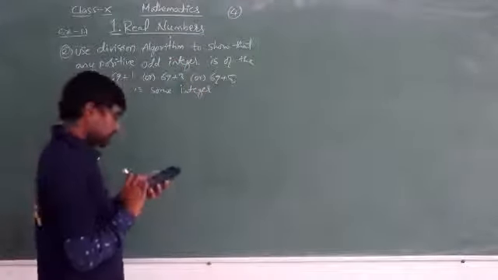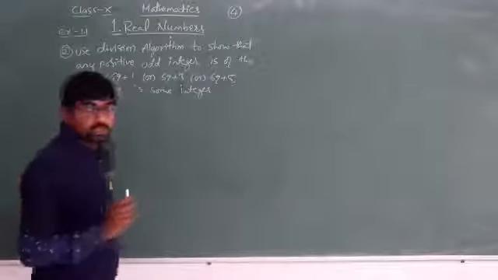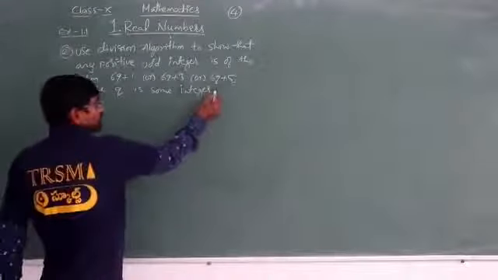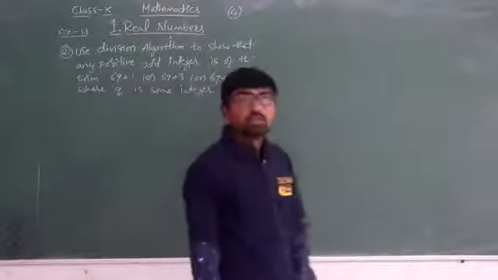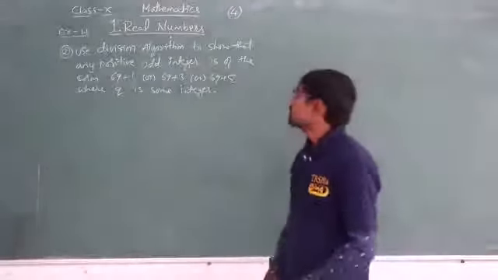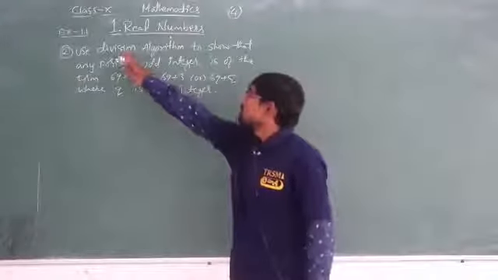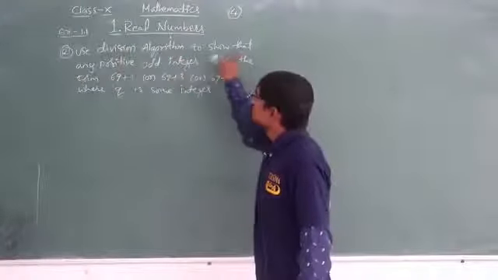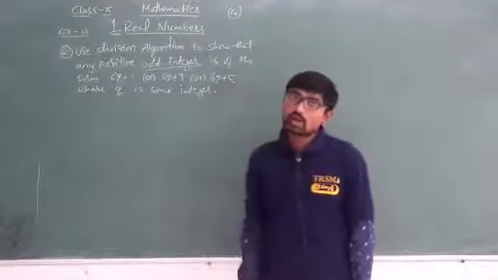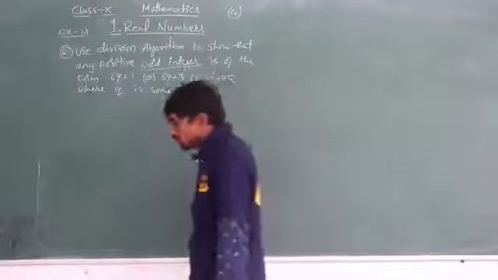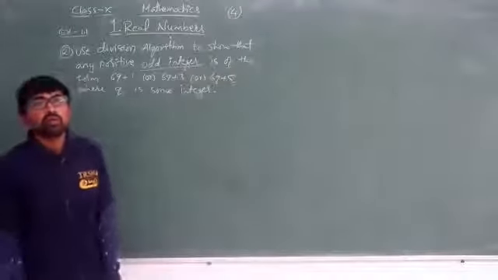As we did this question in our previous class, here we will be solving this by using Euclid's division algorithm to show that any positive odd integer, this word is very important, I have already discussed it with you. What is an even integer?